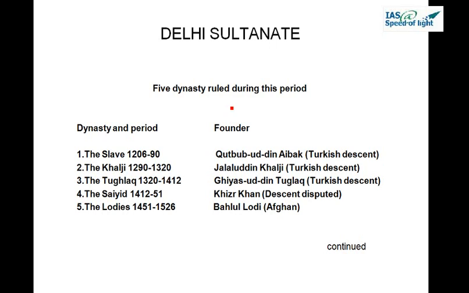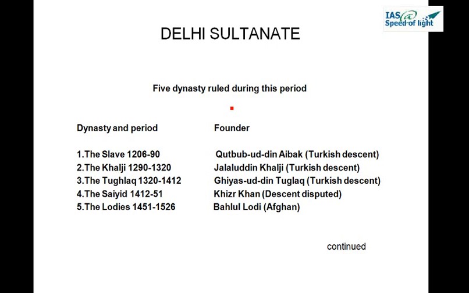He was the ruler of Delhi, and after defeating him, Prithviraj Singh Chauhan, Muhammad Ghori, in 1192 AD in the Battle of Tarain, actually started the rule of Delhi Sultanate in India.